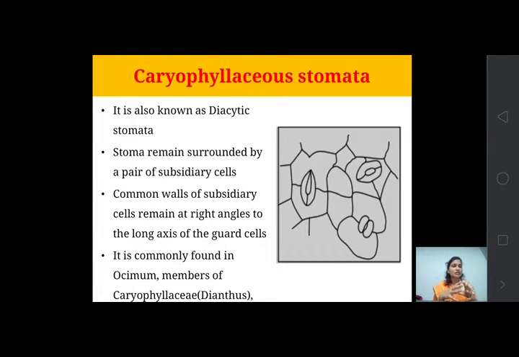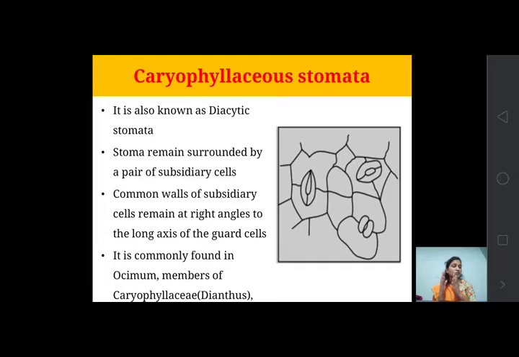So the guard cells remain surrounded by a pair of subsidiary cells, and these subsidiary cells remain at right angles to the long axis of the guard cells. So in case of paracytic, it is parallel to the long axis, and in case of diacytic, it is perpendicular to the long axis. Okay, got the point? It is a comparative point between the diacytic and the paracytic.